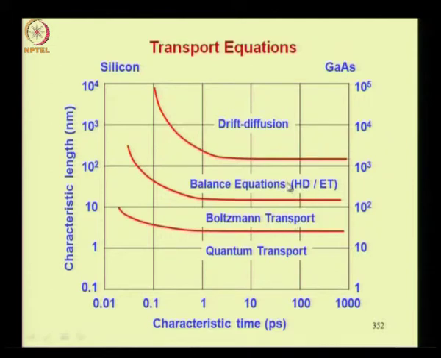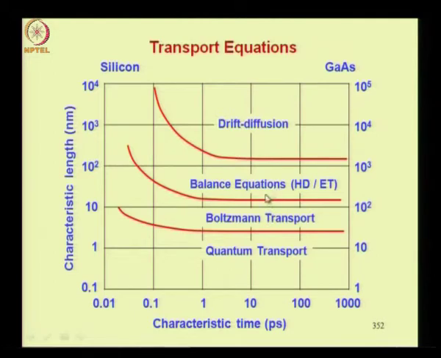Now let us move further down. When do you go from balance equations to Boltzmann transport? If your device size is of the order of 10 nanometers or little more, which happens to be the range in which the mean free path of carriers in silicon or the de Broglie wavelength of carriers in silicon are around this length value.